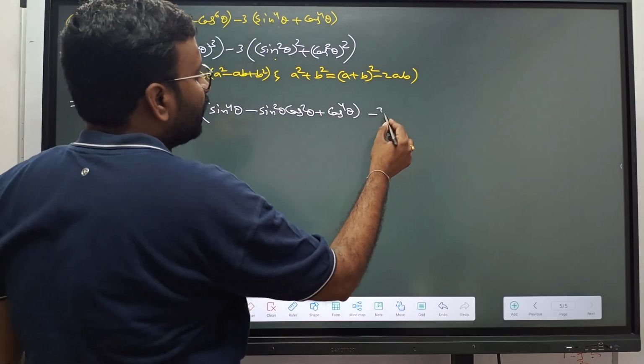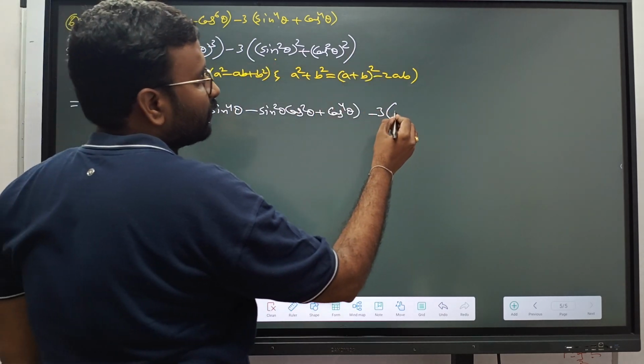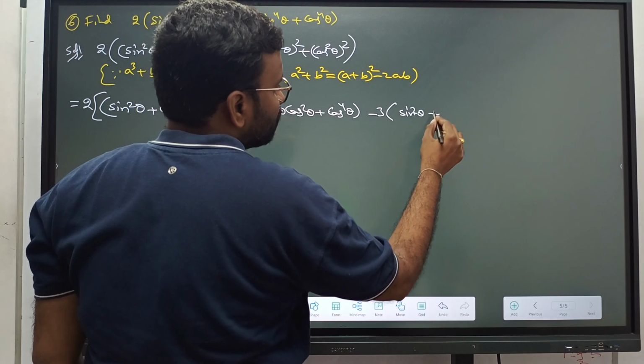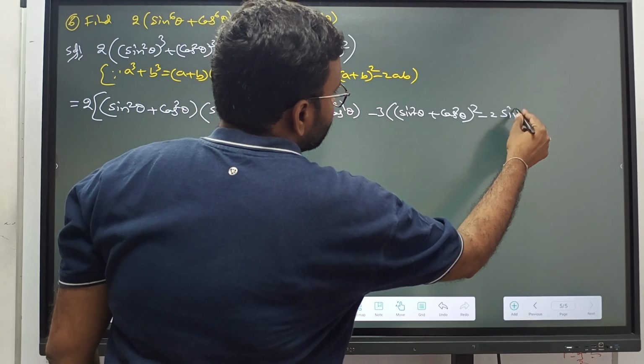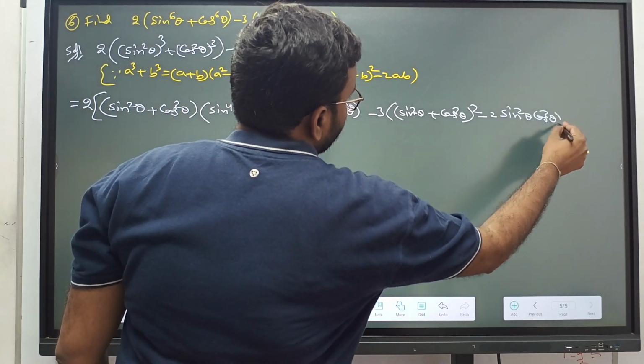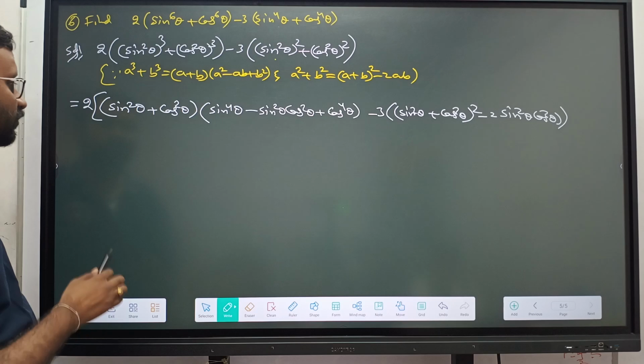And minus 3 into (a square plus b square), a plus b whole square, that is sin square theta plus cos square theta whole square, minus 2ab, 2 sin square theta cos square theta. Any doubt? Just expansion, no simplification.